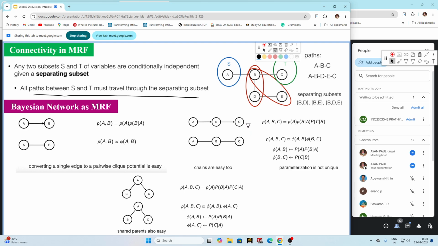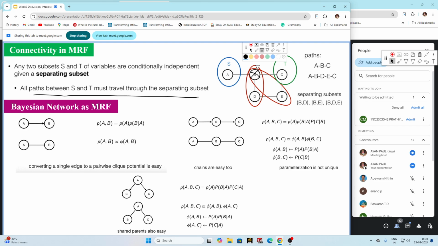I have told it in a very simplified way, so again I am repeating. No need to focus on the language here. Just focus on this: what are the neighbors of A? The neighbor of A is B. So if B is given, this is blocked, right?